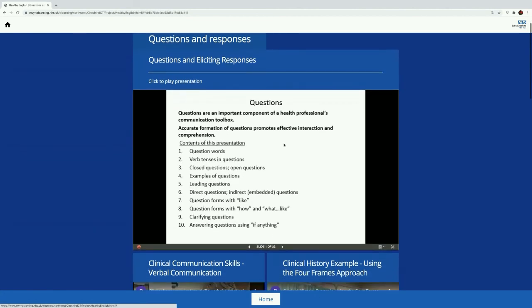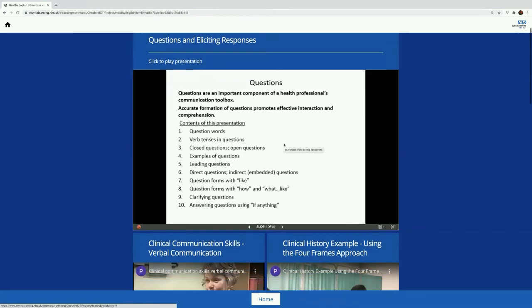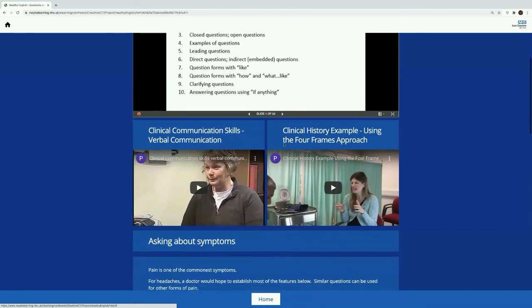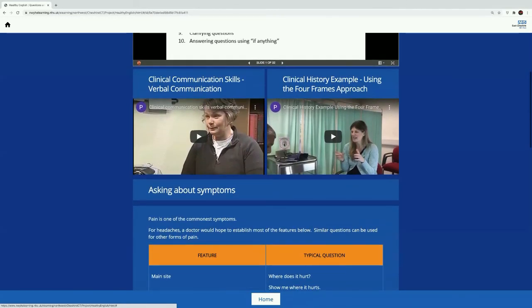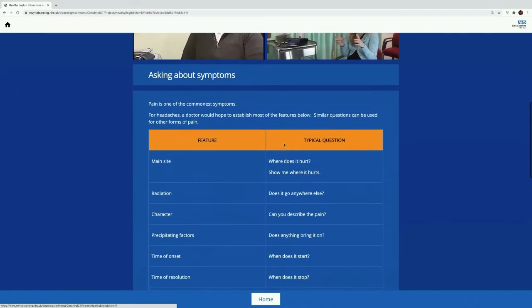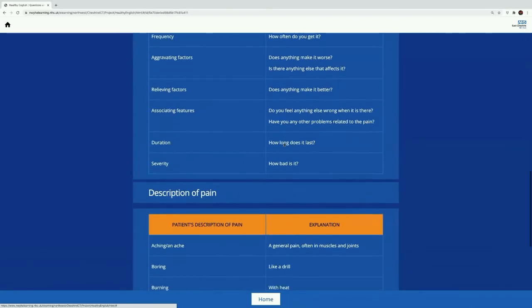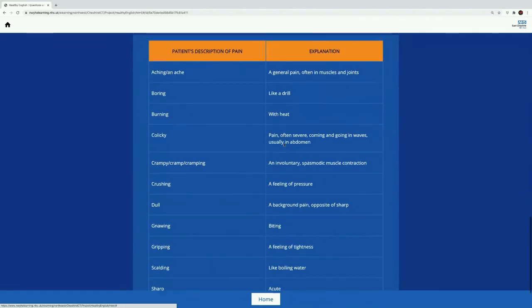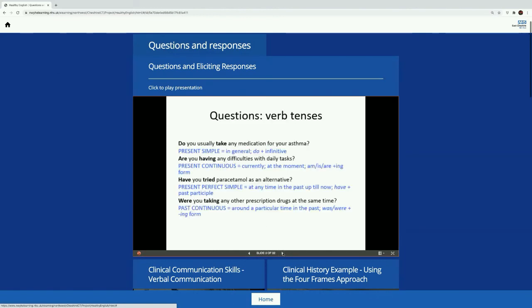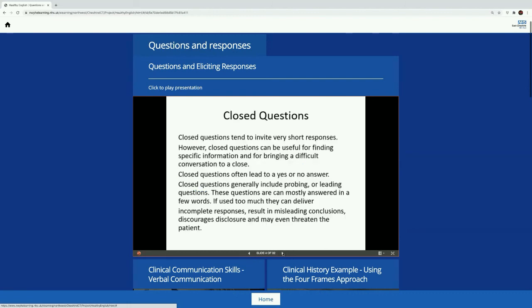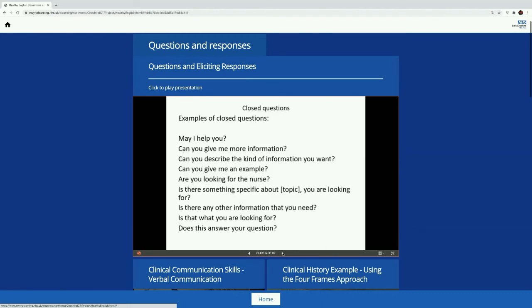And of course, the tenses of the verbs used have to be chosen carefully. Here in this section, we have a couple of videos asking about symptoms, asking about and describing pain, and a presentation at the beginning consisting of 32 slides going through details about how questions are formed and how they're used.